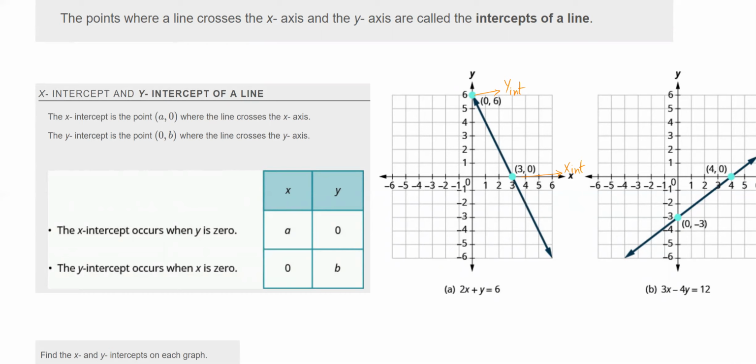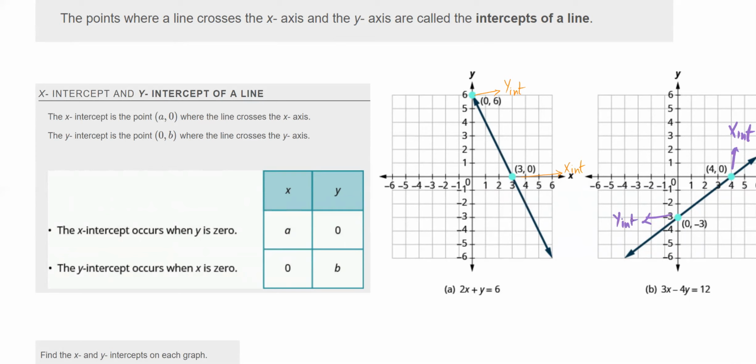If you look at the next one, the second figure, the equation is 3x minus 4y equals 12. When you graph that, you will see that the x-intercept happens at (4, 0), and the y-intercept happens at (0, -3).